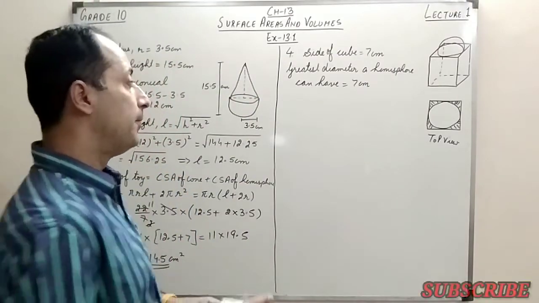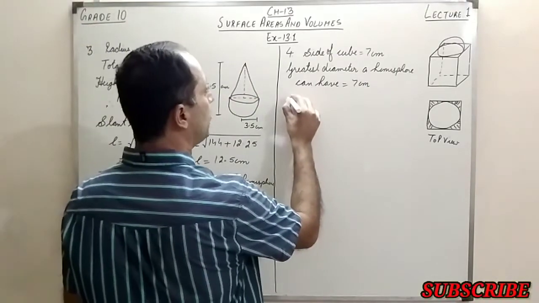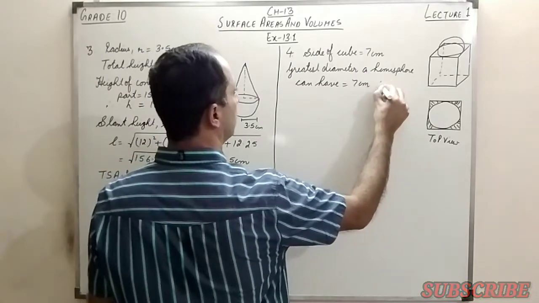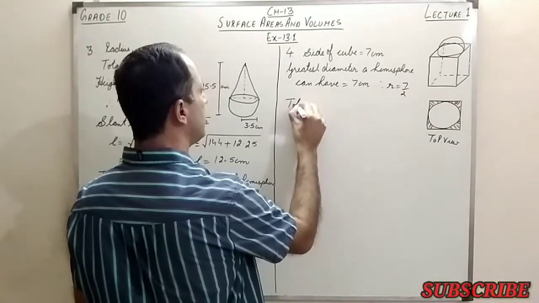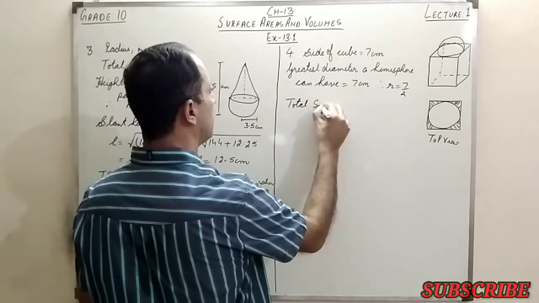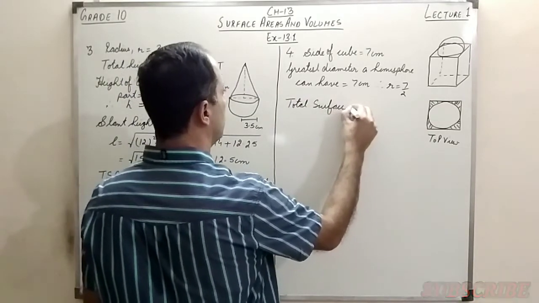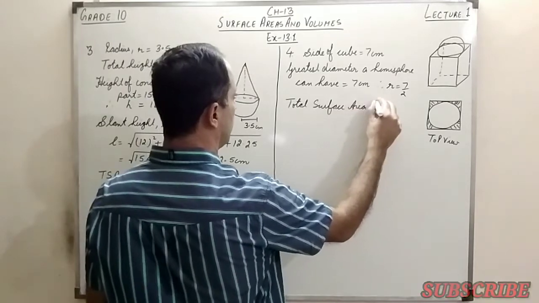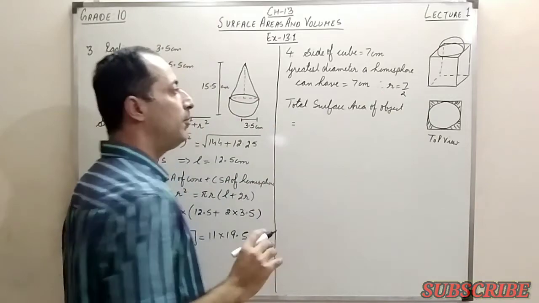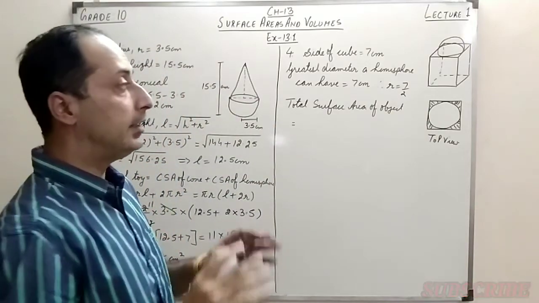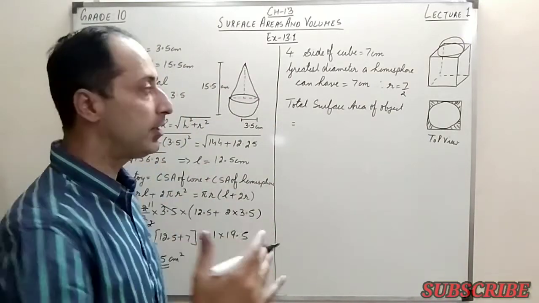Right? Now, if I have to find the total surface area of the object, first I write the area of the 5 faces of the cube which are visible to me.